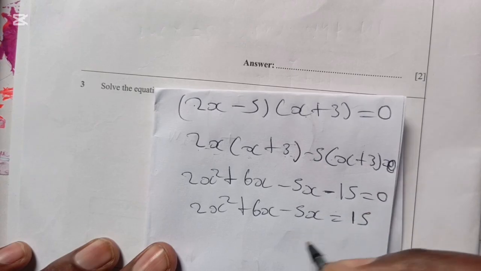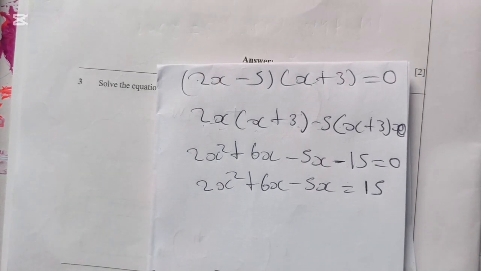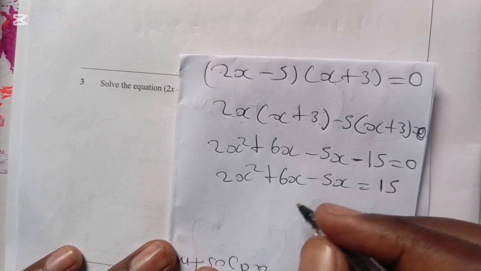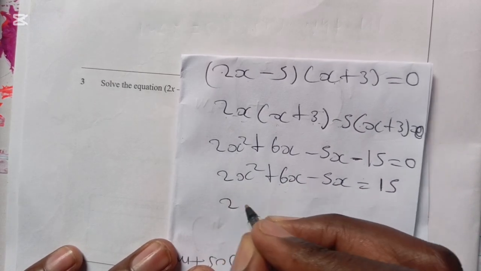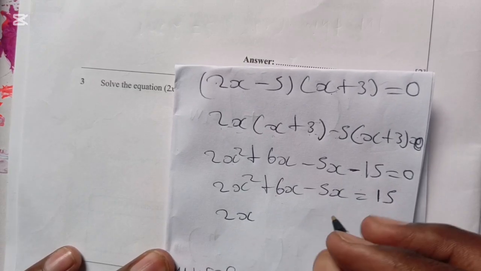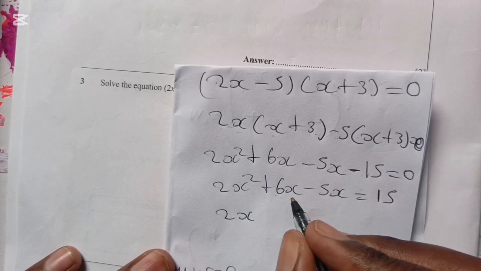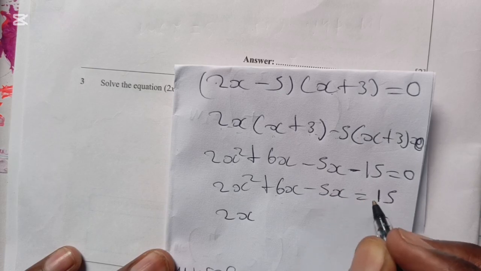Positive 15. Okay, so now from here, guys, we're going to subtract. So this times that, this minus that, so we're going to say 2x, then positive 6x minus negative 6x is equals to 15.